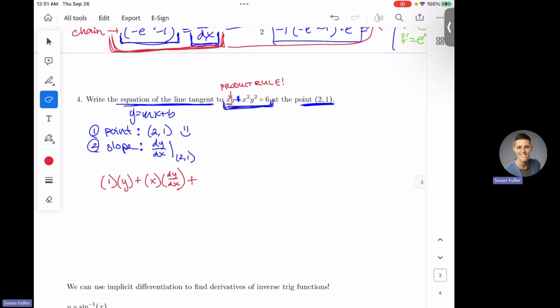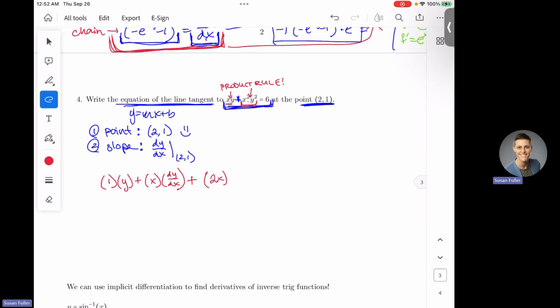And then I'm going to add to it the derivative of x squared times y squared. How do you take the derivative of x squared times y squared? Yep, that's a variable times a variable. That's another product rule. We're going to do product rule again. So we are going to do the derivative of my first function. What's the derivative of x squared?